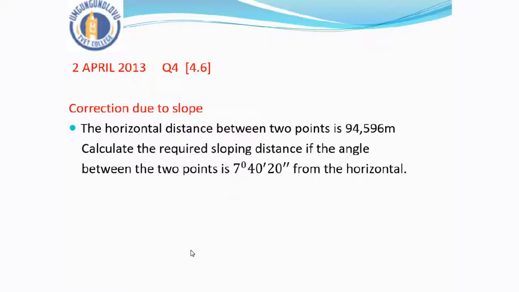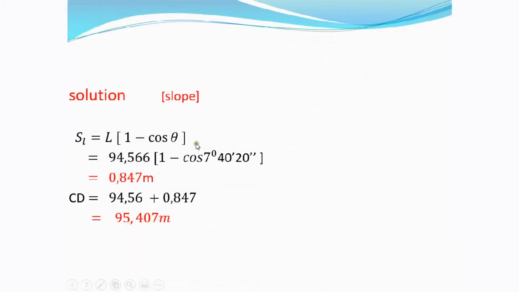Okay, so let us look at the solution here. You've got the formula for the correction due to slope, which is equal to length times 1 minus cos theta, and we are given our angle that is 7 degrees, 40 minutes, 20 seconds.